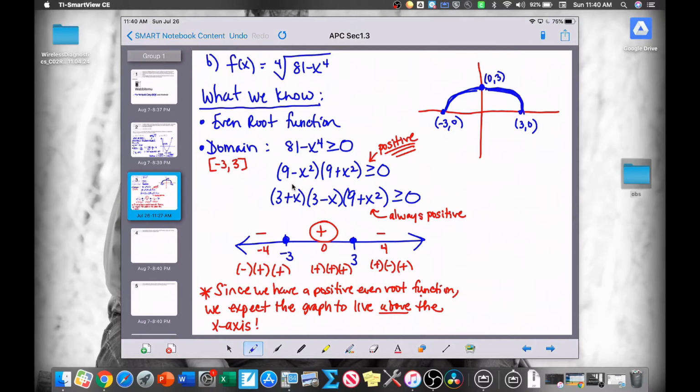Okay, so you might want to make a little note here about how on the calculator it looks like the graph does not touch the x-axis, but it does.